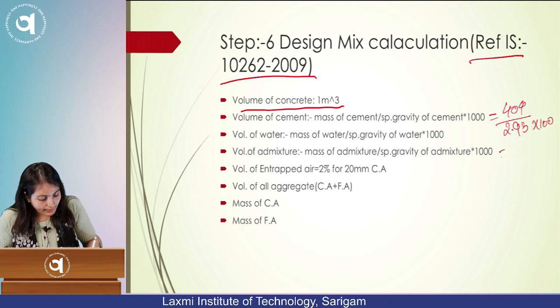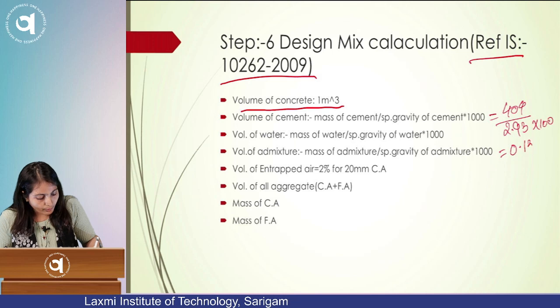So here you will get the volume of cement, which is nothing but 0.138 meter cube.